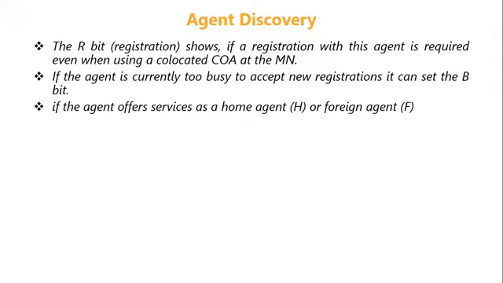There is also a reserved field, which is set to 0 and must be ignored. And there is a field T, which indicates that reverse tunneling is supported by the foreign agent.